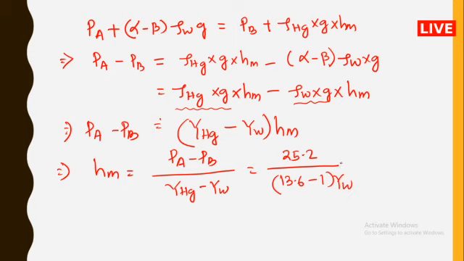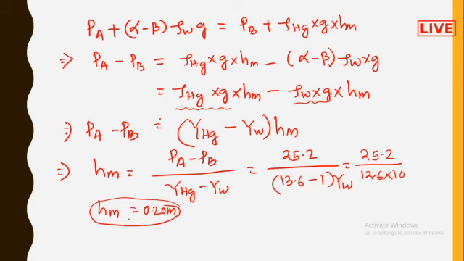So this is 25.2 and this is 12.6. The specific weight of the water is given as 10 kilonewton per meter cube. So what is this HM? The HM comes out to be 0.20 meter. Very simple as it is.